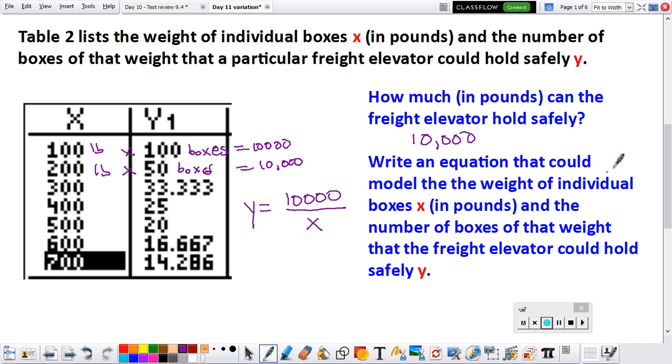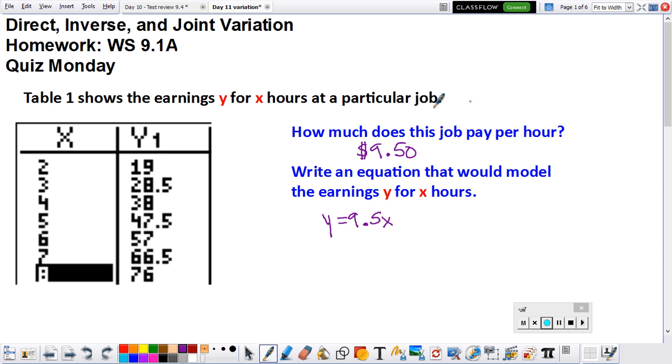What we have here are two examples. One is direct, or joint, variation, and the other is inverse variation. We call the first example, where you had a job where you made $9.50 an hour, direct, or sometimes joint, variation, because as X goes up, Y goes up.